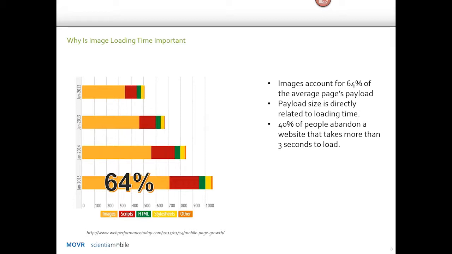That's huge, and it's growing over time. People are continuing to put up larger and larger images, hero images as they call them, that go across the banner. And also of note is the red bar here, scripts, JavaScript.